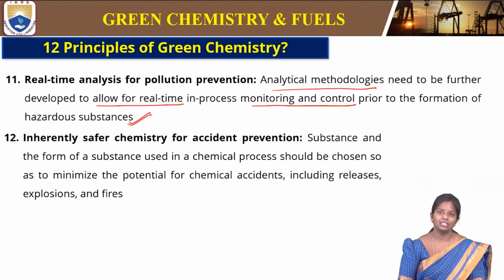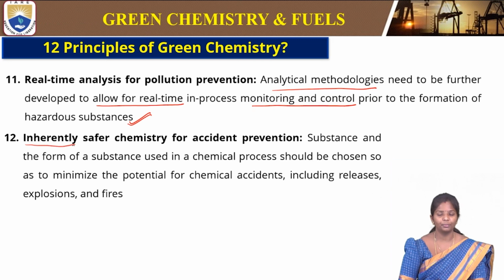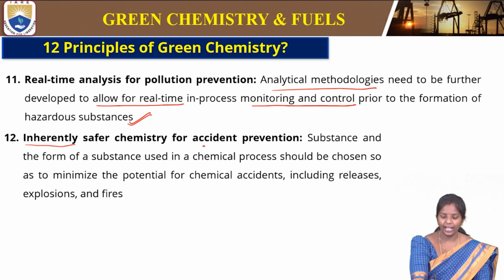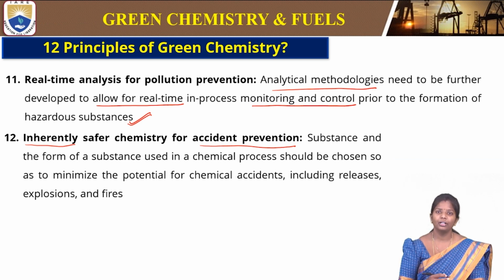so that we can avoid the formation of hazardous substances. Next, the last one, the 12th principle, is inherently safer chemistry for accident prevention. This is very important. We are producing some products with different methods, and those methods can sometimes give explosions, creating accidents.